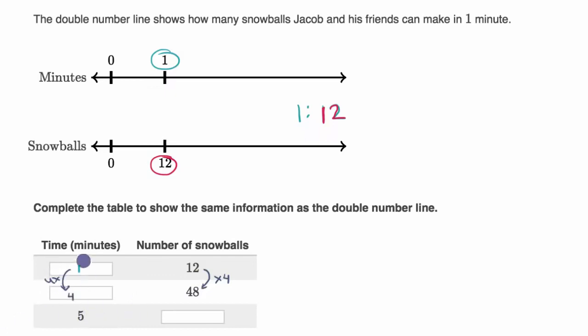And then if you go to 5, well, to go from 1 to 5, you multiply by 5. So you're going to have 5 times as many snowballs than you would be able to make in 1 minute. So 5 times 12 is 60. And we're done. It could be 1 to 12, 4 to 48, 5 to 60. For every 5 minutes, you can make 60 snowballs. Or they make 60 snowballs.